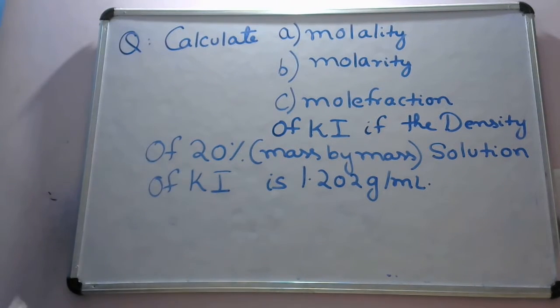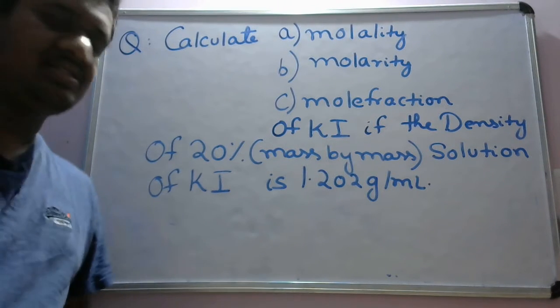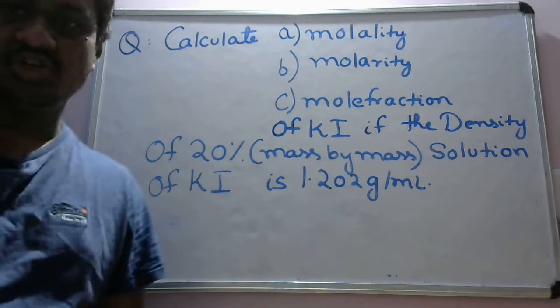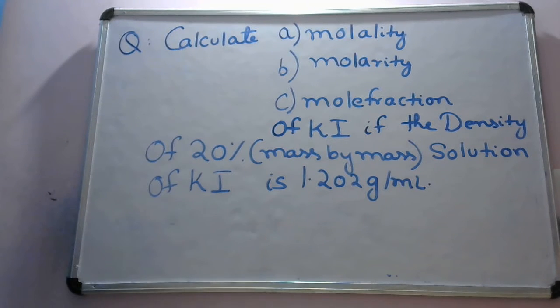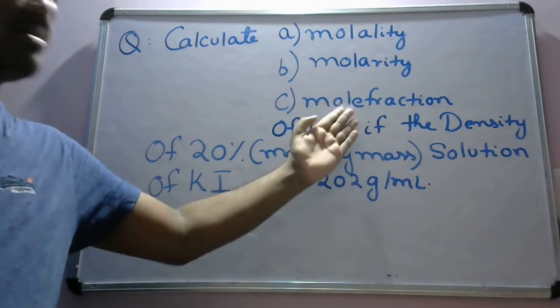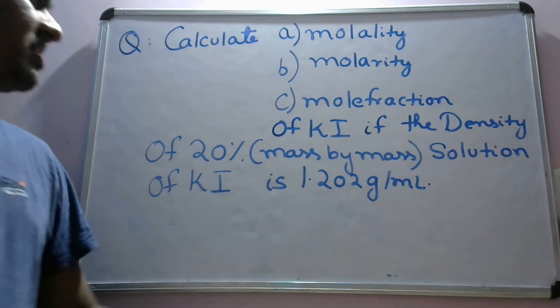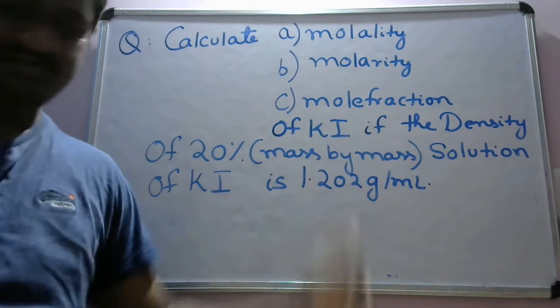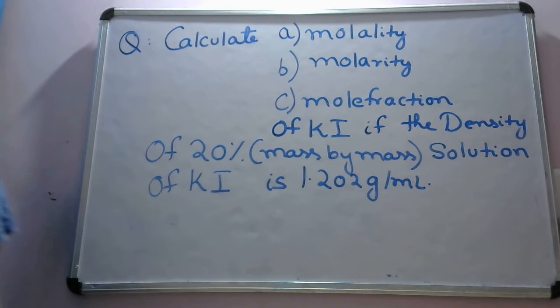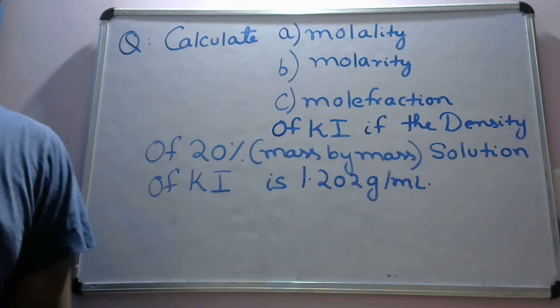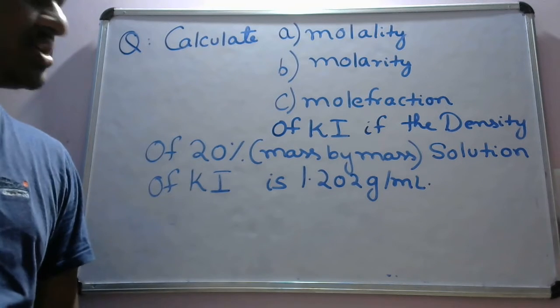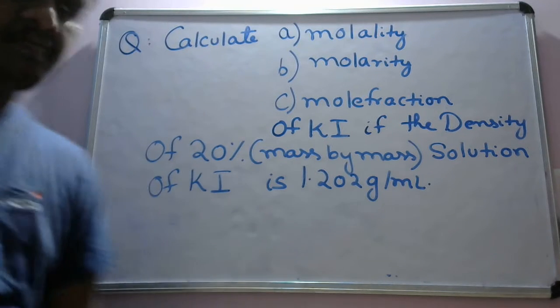Hello students, so in this video we will discuss a question on concentration terms from NCERT. Question is to calculate molality, molarity and mole fraction of KI if the density of 20% mass by mass solution of KI is 1.202 grams per milliliter.